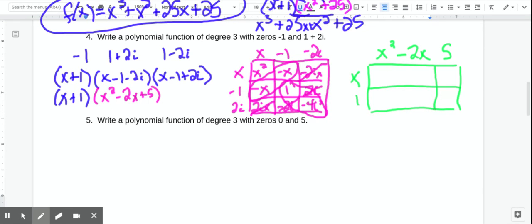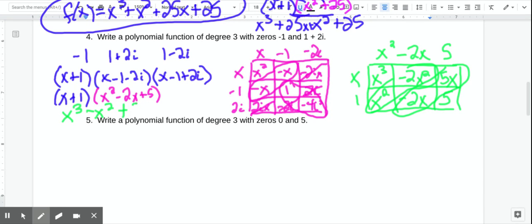Okay, so this will be x cubed minus 2x squared plus 5x, x squared minus 2x and 5. So our final answer, I'll write it over here, is x cubed minus x squared plus 3x plus 5.